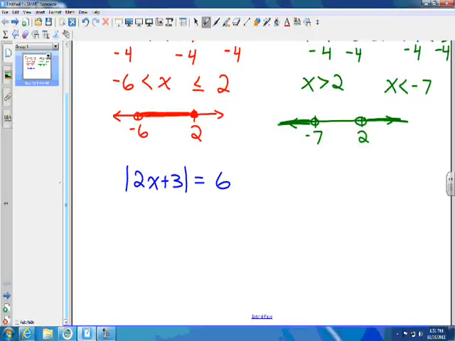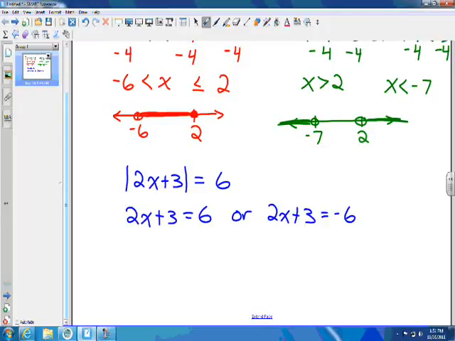And how do we do that? Right. So we split it into two problems and get rid of the absolute value. So we do 2x plus 3 equals 6, or 2x plus 3 equals negative 6.